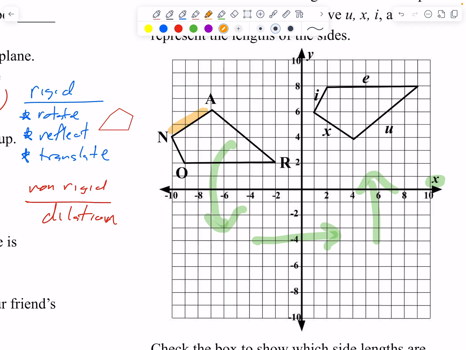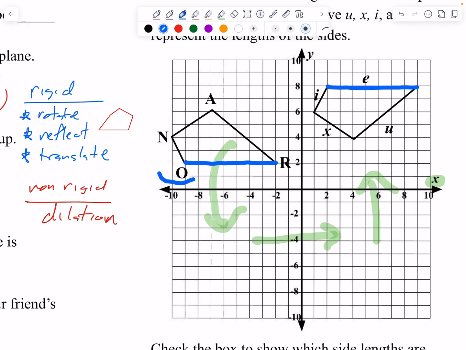So NA goes with which one? And honestly, I'm going to start with the easier one. The easiest one for me to identify is actually going to be the flat one. So OR goes with this one. Because it's the exact same shape, I just have to go in any direction.